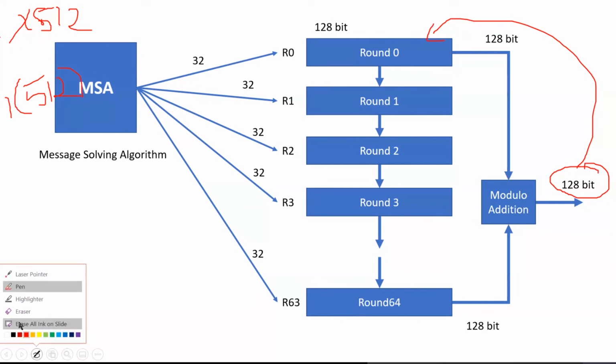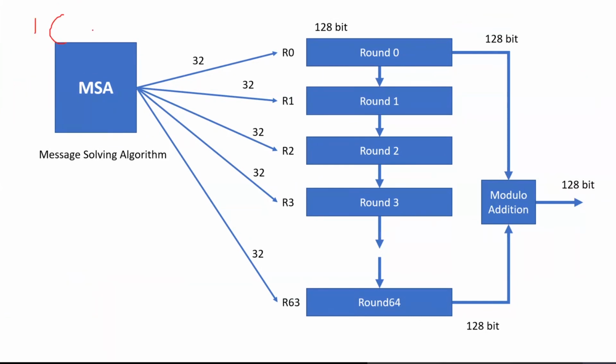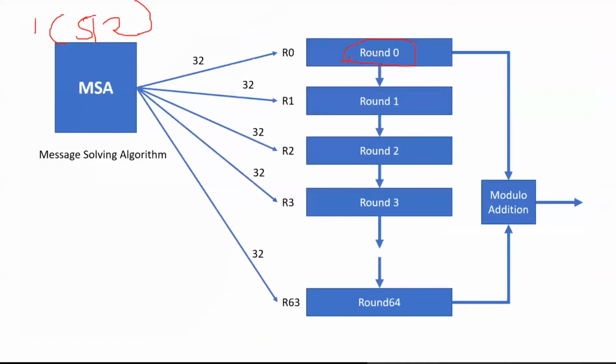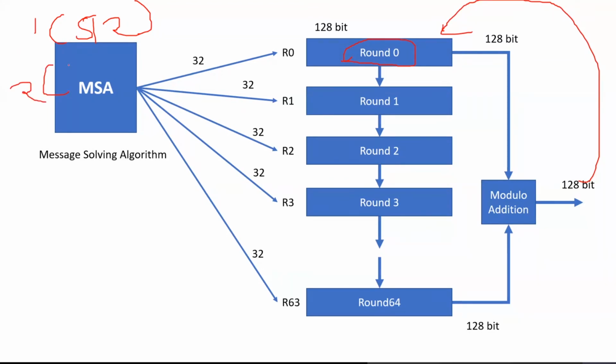I'll just repeat what I'm saying. For the first 512 bits, the value inside round 0 was this: A, B, C, and D. After I have completed the entire process for the first 512 bits, the output of that process is fed to round 0 for the second chunk of 512 bits.